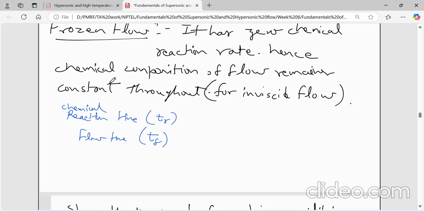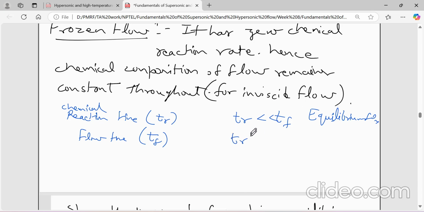If the time taken for chemical reaction is very short compared to flow time, if TR is much less than TF, then the flow is equilibrium flow, because the reaction will already have happened before the flow was completed.